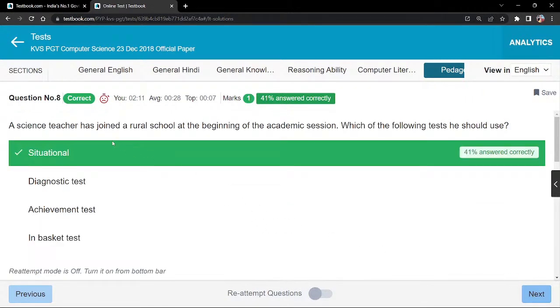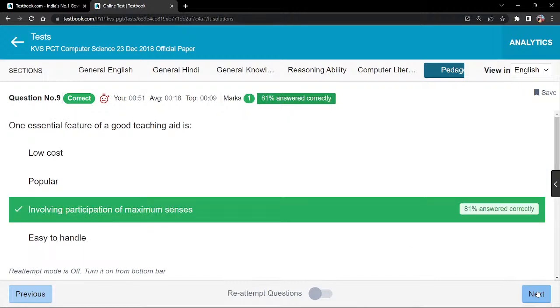A science teacher has joined a rural area school. Which of the following tests should you do? That is the situational test. One essential feature of good teaching aids is involving participation of maximum senses.